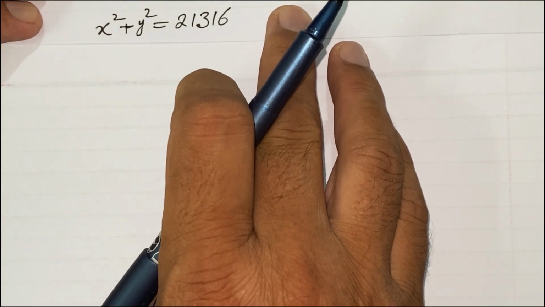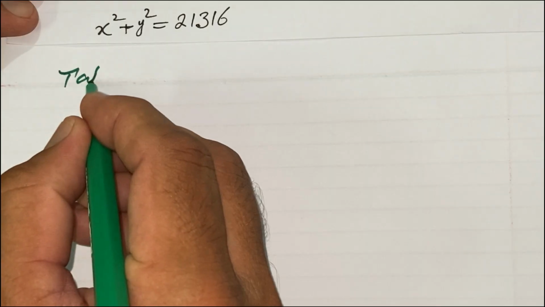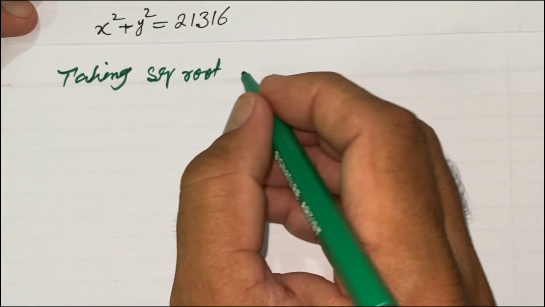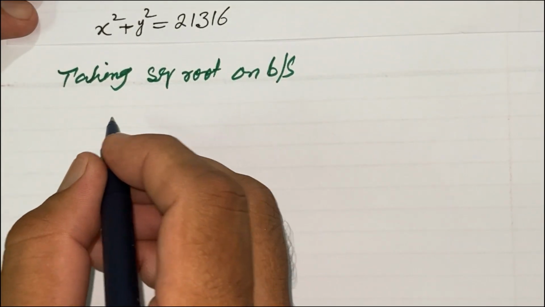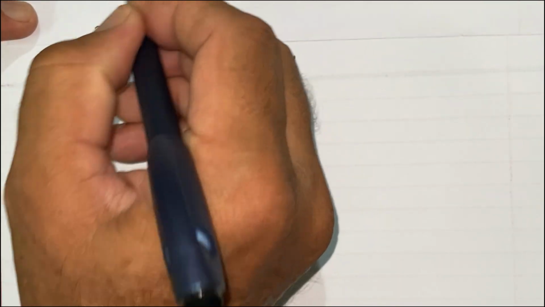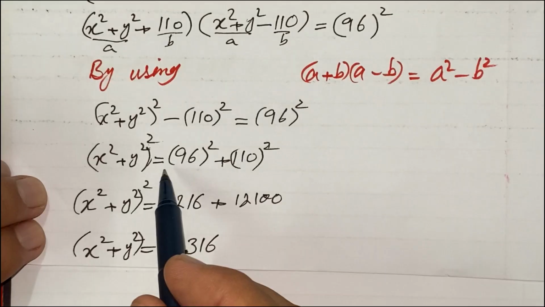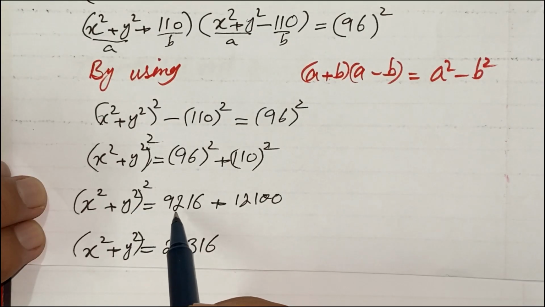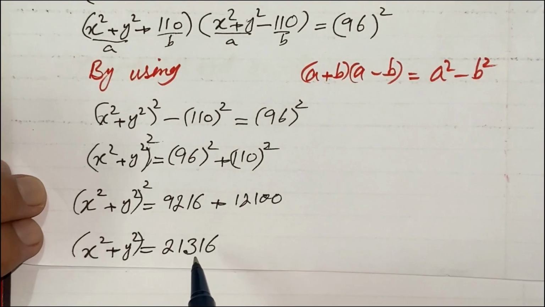Now taking square root on both sides, then x square plus y square whole square is equal to 9216 plus 12100. X square plus y square whole square is equal to 21316.